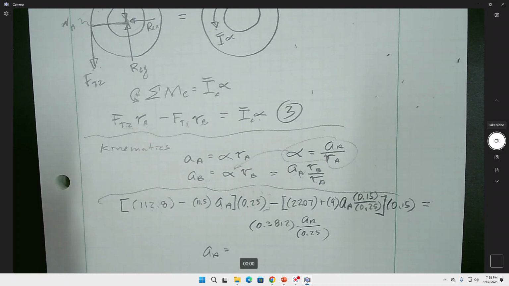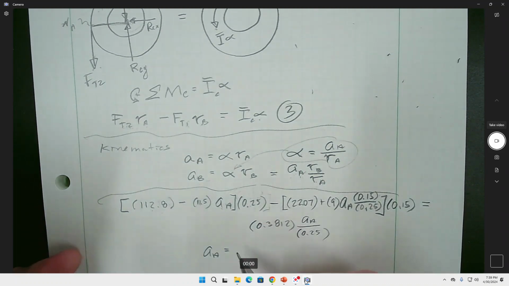Then I'll go 0.3812 divided by 0.25, and those two add to each other. And then this last one has more stuff: 9, I'll go 0.15 first, then 0.15 times 255, and I'm going to add it to there. I think I got everything, but boy, you can really mess it up. By the way, this kind of calculator works a lot better for that kind of thing.